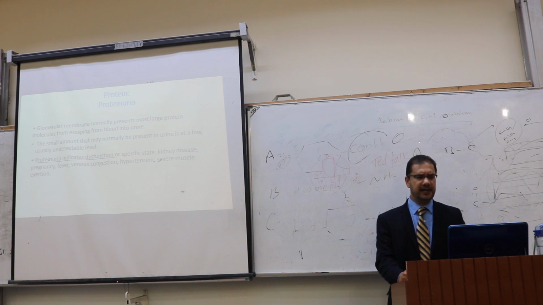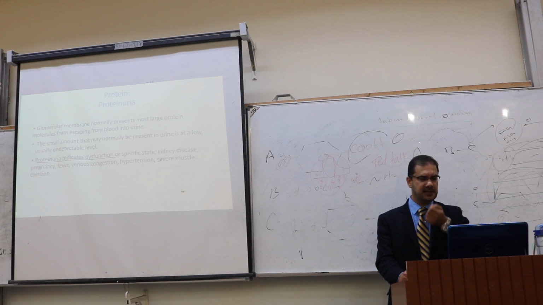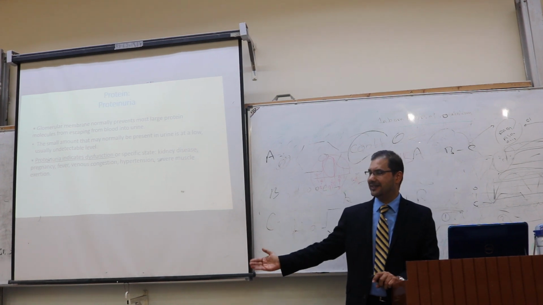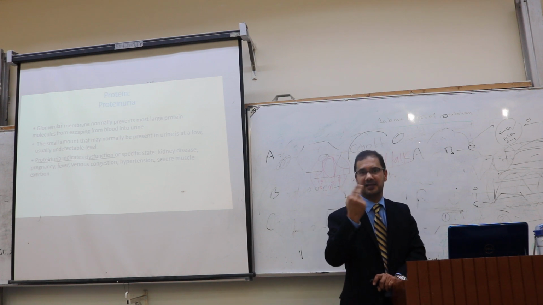So we say proteinuria is abnormal. Any protein in urine is abnormal. We shouldn't have protein in urine, okay? If we have proteinuria, we may have kidney disease, pregnancy, venous congestion, hypertension, severe muscle exertion. Why did I mention so many diseases under proteinuria? Because I need to tell you, proteinuria is not a specific test.